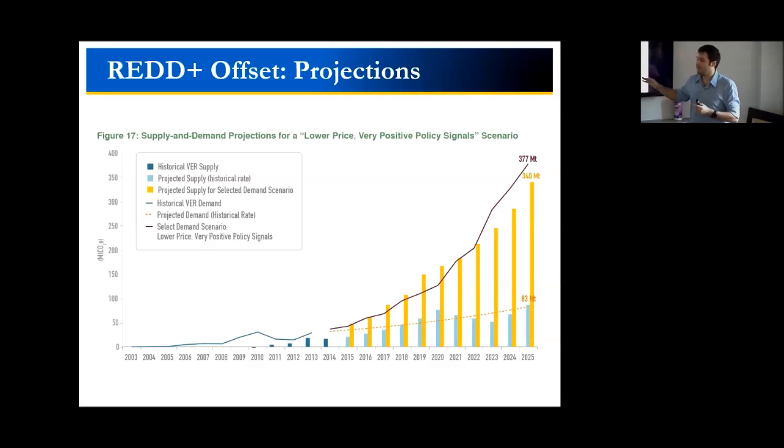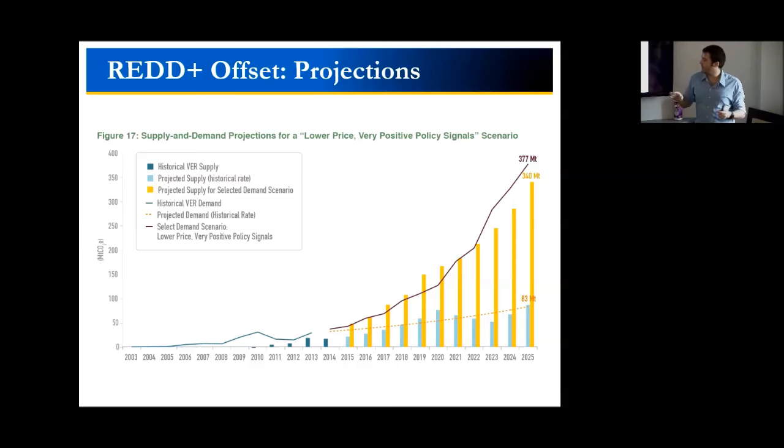But once you had those standards, and people started to work on multiple REDD projects, offsetting projects, then what happened is that there was more supply than demand. Okay, and you cannot quite see that in this graphic. But here they have projected what's going to happen in the future.